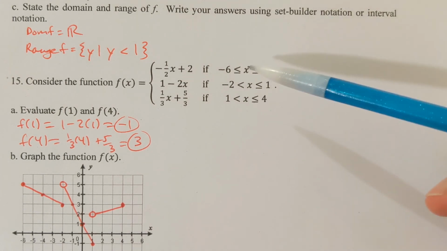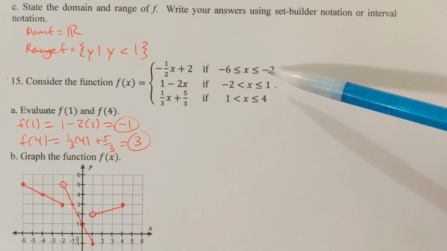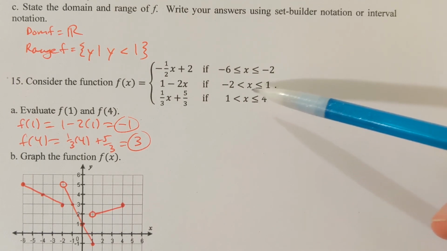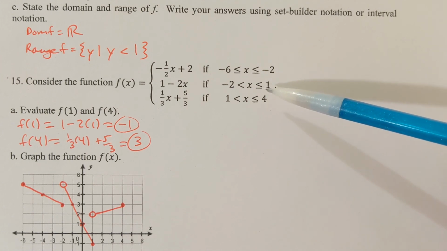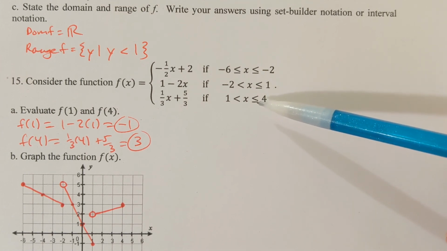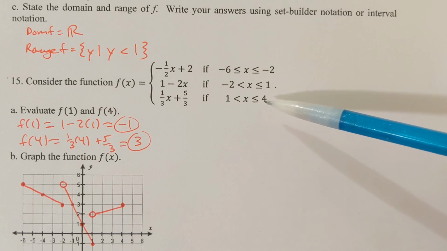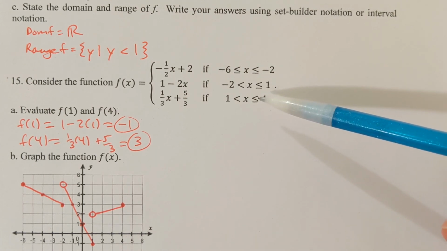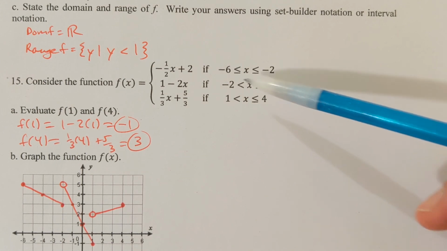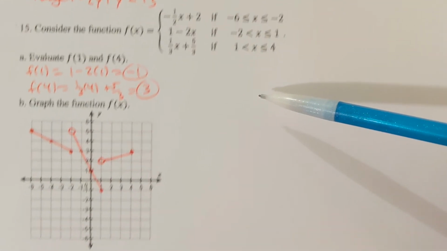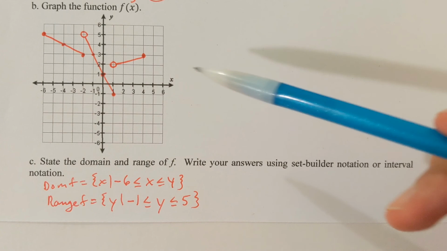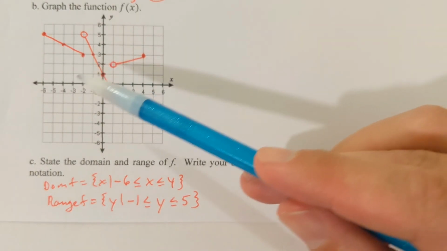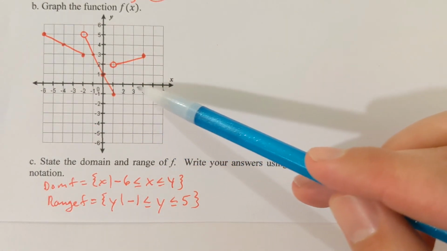Here's x between negative 6 and negative 2, including both. In between negative 2 and 1, including 1. And in between 1 and 4, including 4. So ultimately, when I combine those three parts, x is any number between negative 6 and 4. I can see that from the graph too, here's negative 6 to 4.